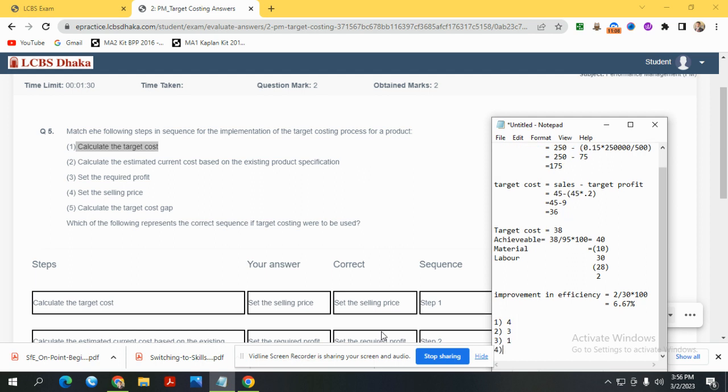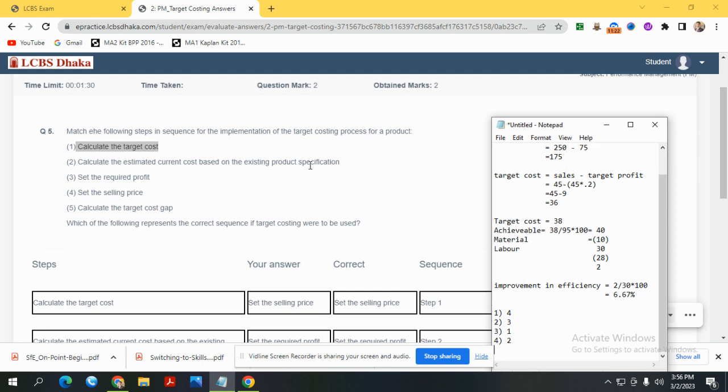Step 4, now we can accumulate our actual cost by current cost, and we can see it's right here in option 2. Calculate the current estimated cost, which is here. And lastly, when I compare my target cost and actual cost, I can see whether there is any cost gap, and this cost gap is 5.